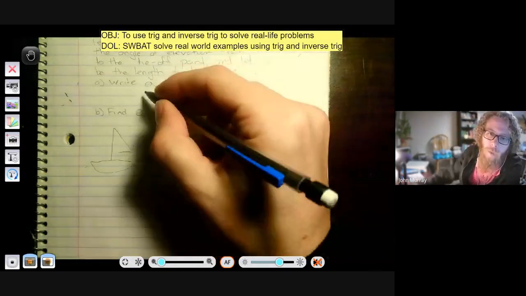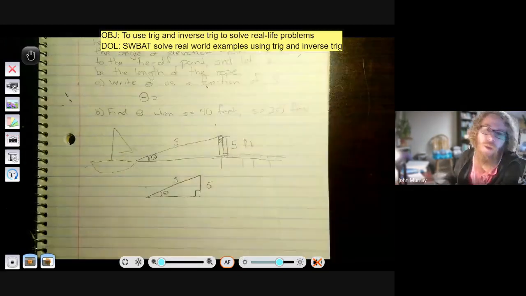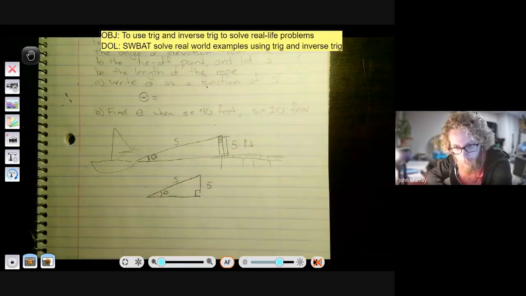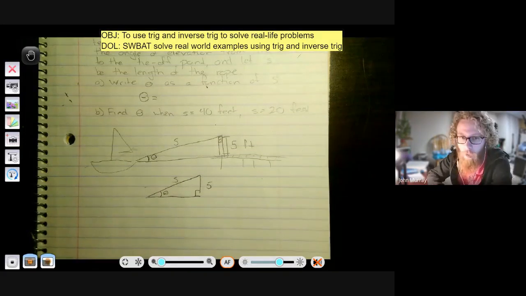What that means is they want some equation as theta equals blah, right? You may not be comfortable with coming up with it right away, but we know our basic trig functions where we can set up the initial steps.